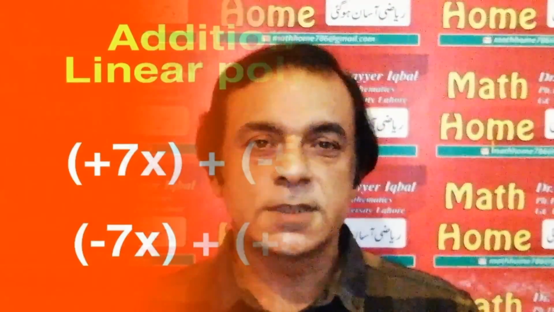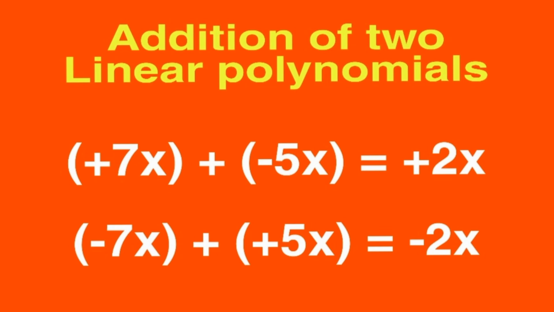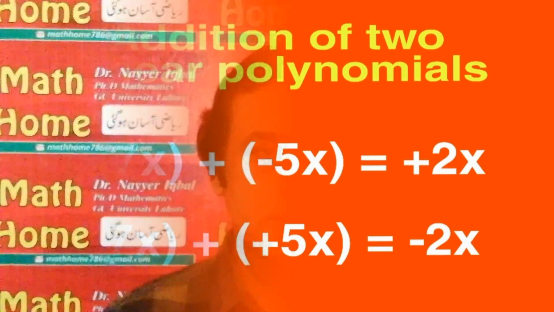So this is the way of addition of two real numbers. And in the next slide, similarly we can add any two linear terms, meaning -7x plus 5x, how can we add? You see -2x. Similarly, if we have +7x and -5x, then we have +2x in the answer.